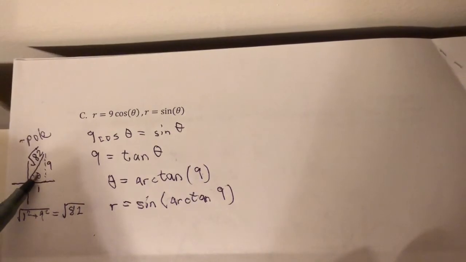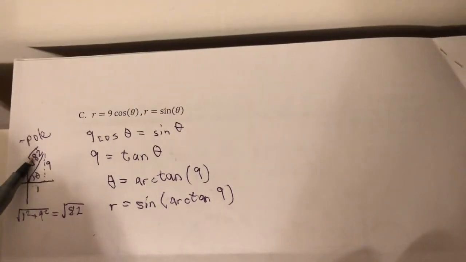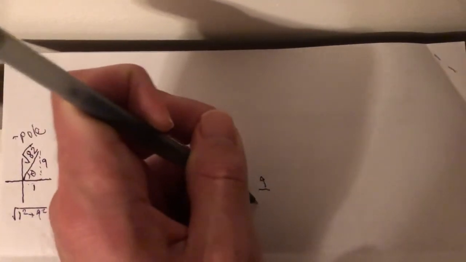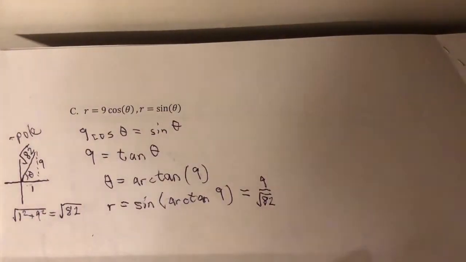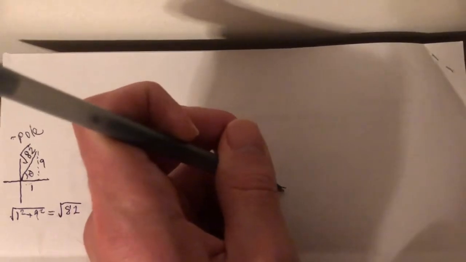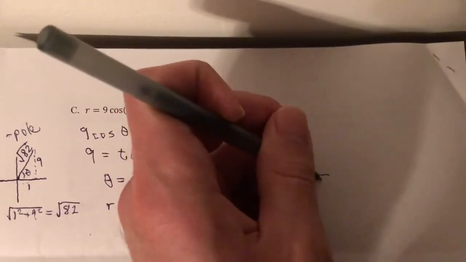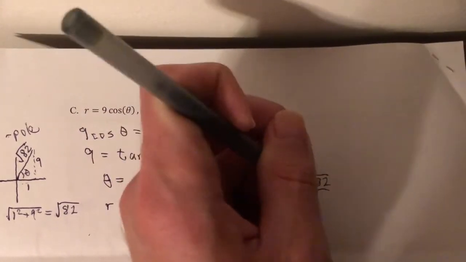So here's my arctangent of 9. What's the sine of this angle? The sine of this angle is going to be opposite over hypotenuse. So I'm going to get 9 over radical 82. I don't require you to rationalize your denominator, but you can also write this as 9 radical 82 over 82.